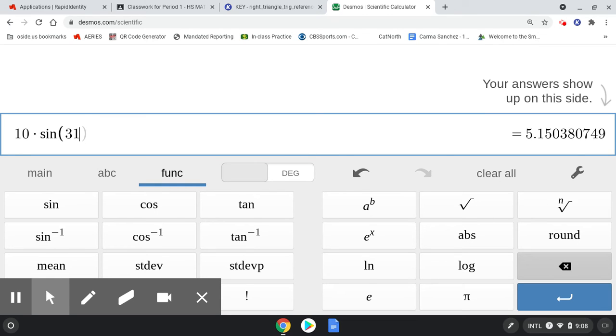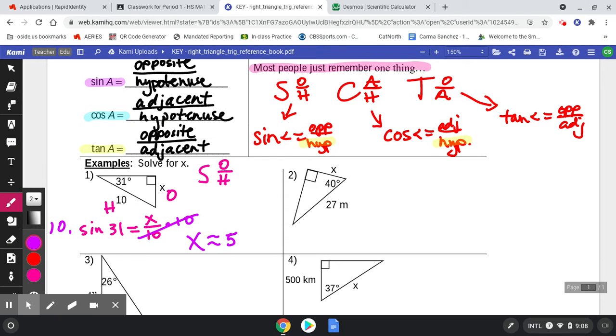So approximately 5.15 U for units, because this is a side length x. So why am I using this little approximation symbol? Because I rounded. So my answer for the missing side length x is approximately 5.15 units.